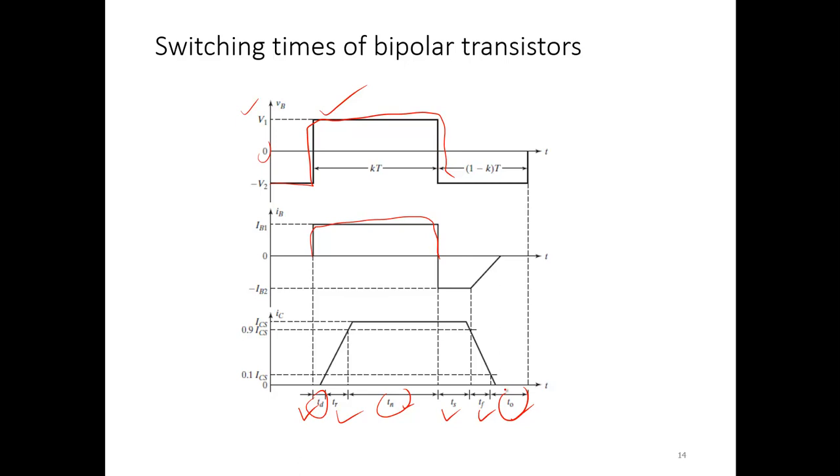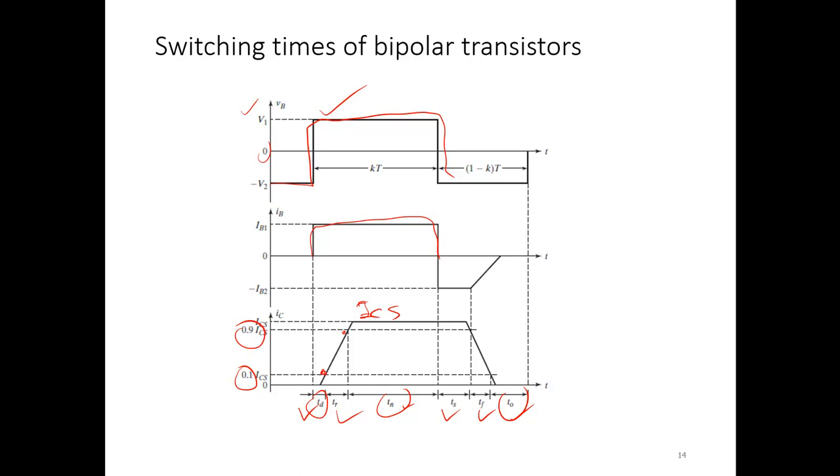The rise time is defined as rising from 10% to 90% of the steady state value. If the steady state value is ICS, the time it requires to rise from 10% to 90% is called the rise time.